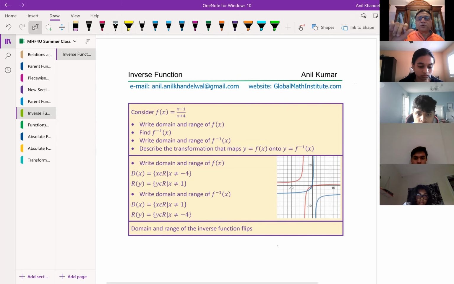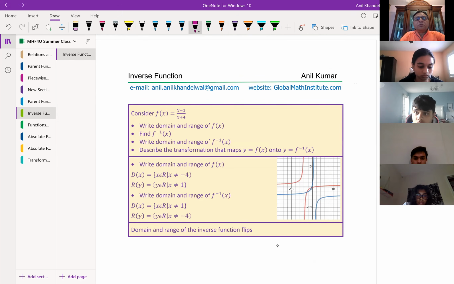So first, let me just show you what we did. The first one was the function itself. Here, the red graph is the graph of the function, which gives you the vertical asymptote at minus 4, correct? And the horizontal asymptote at 1, okay? This is 1 for you. This is not 0 because this is 1.